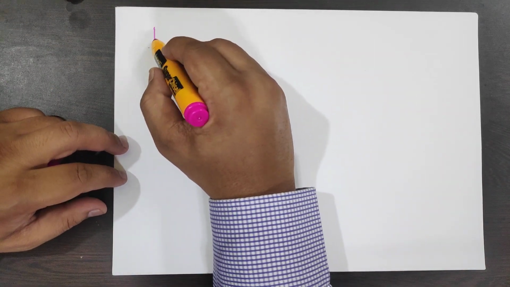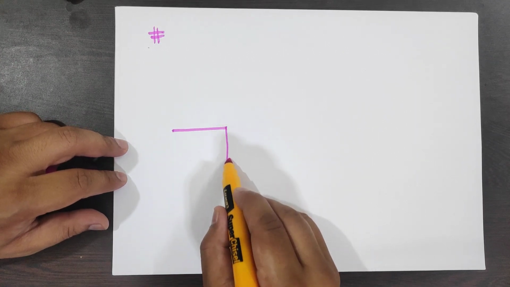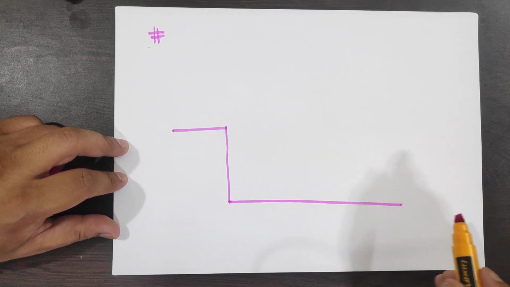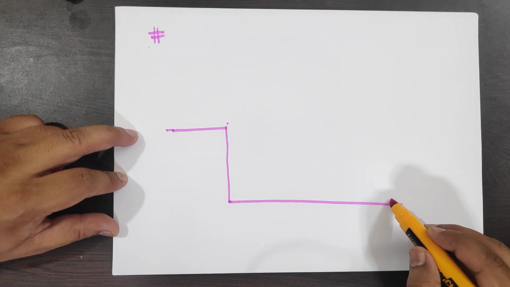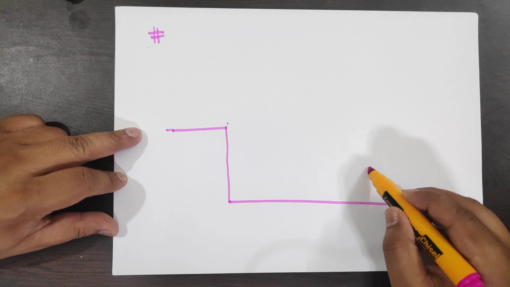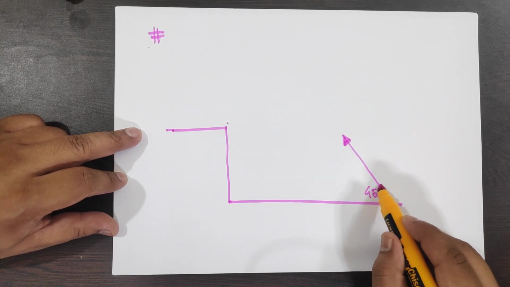One more problem is like this. Say there are two such platforms. This is thrown at a velocity that's 45 degree.